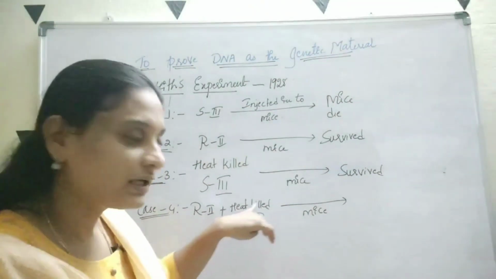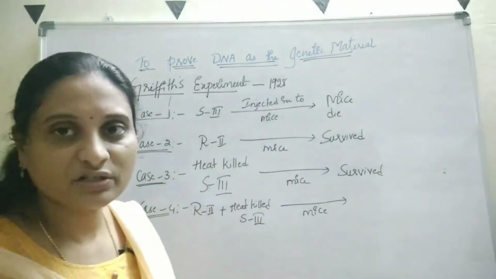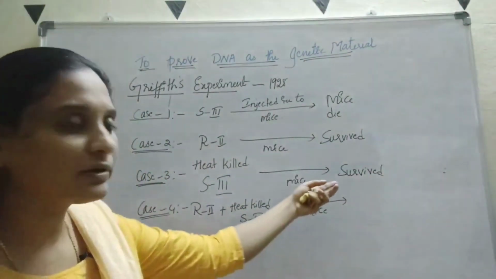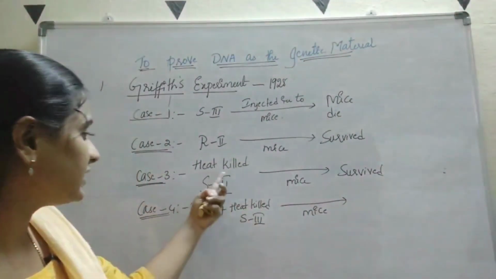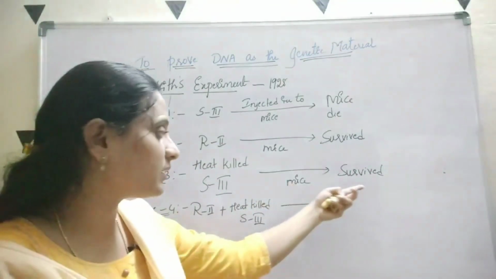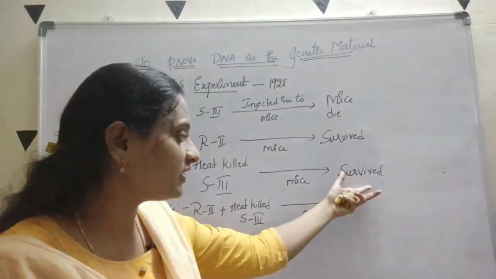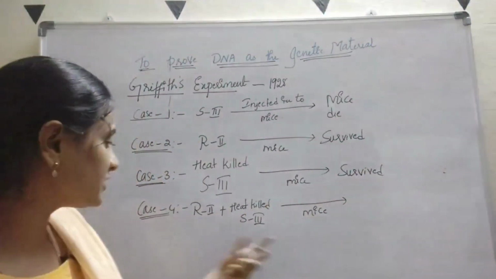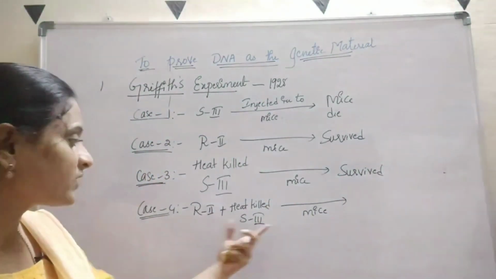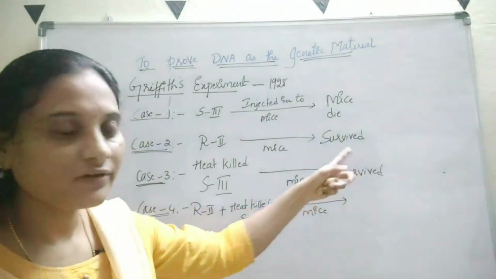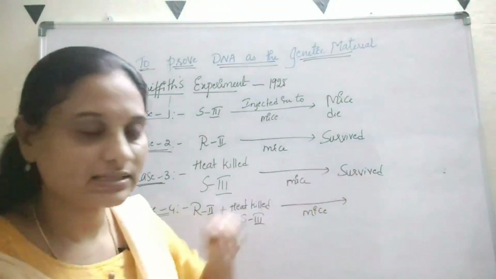At the same time, heat killed S3 when injected into mice is also no problem. Why? Because in case 3, when heat killed S3 was injected, the mice survived. So definitely we expect the same result here in case 4 also. The mice should survive according to case 2 and case 3.